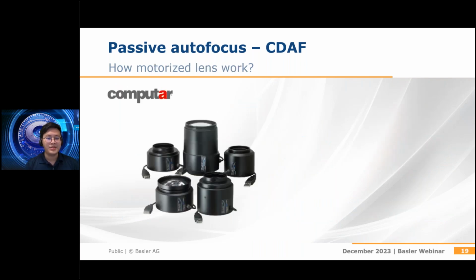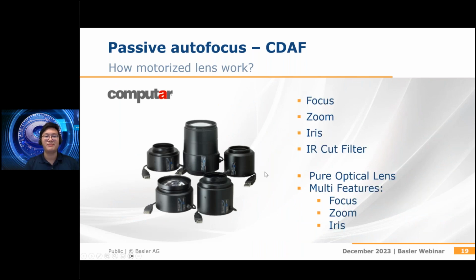Another thing I would like to introduce is the motorized lens. The motorized lens offers much more features whereby you can electronically control the focus, iris, and zoom via an interface such as USB. Some even come with an IR cut filter, and the lens comes with a stepper motor for precise and fast control.